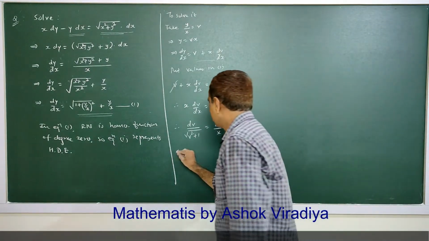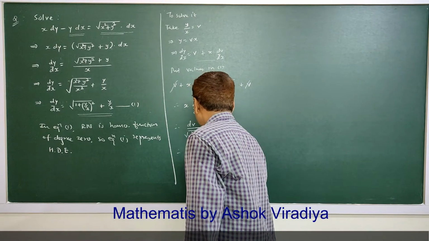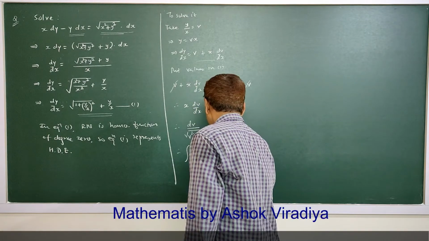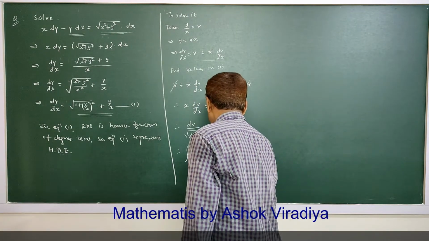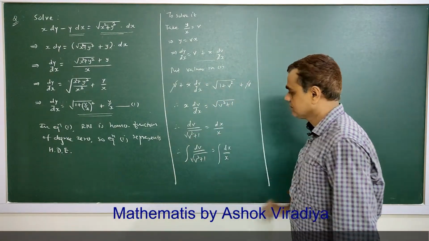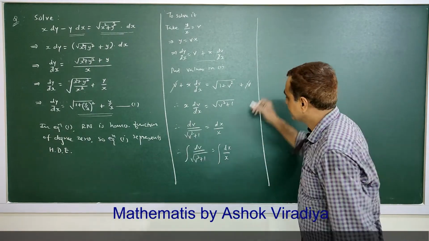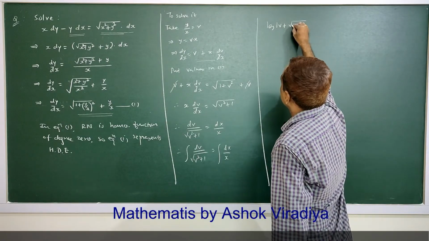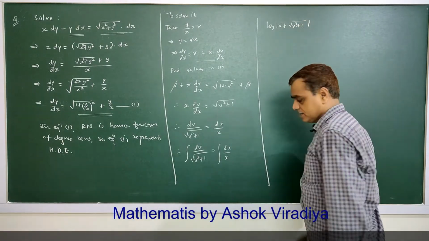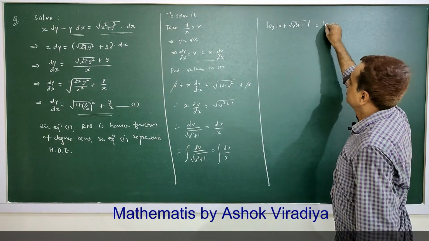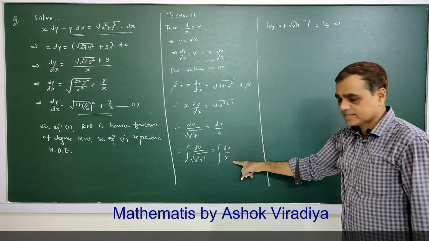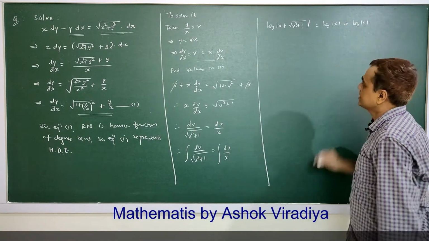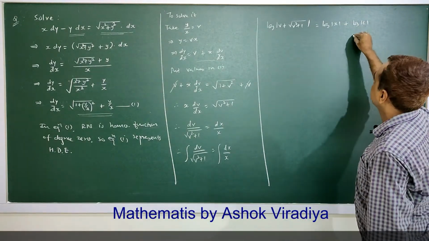Now integrating on both the sides, dv upon root v square plus 1, dx upon x. Now its integral is log modulus of v plus root v square plus 1 equal to log of modulus x, and arbitrary constant we keep as log of modulus c, where c is arbitrary constant.